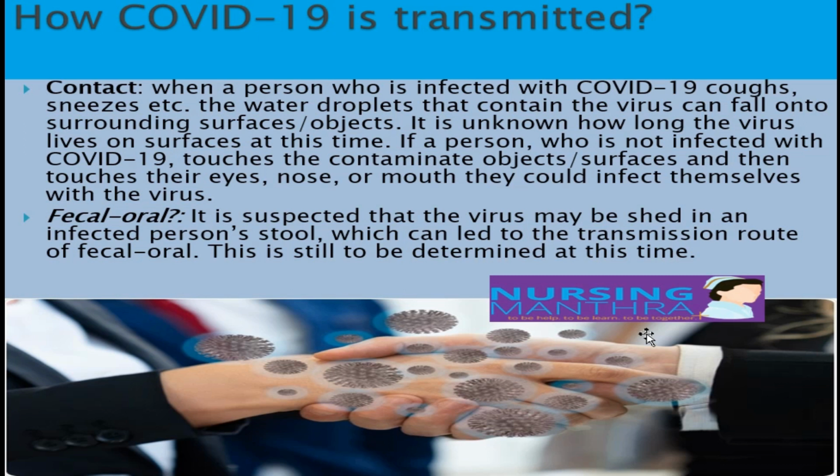That is contact transmission. The other one is fecal-oral transmission. It is suspected that the virus may be shed in an infected person's stool, which can lead to a fecal-oral transmission route. This is still to be determined at this time.